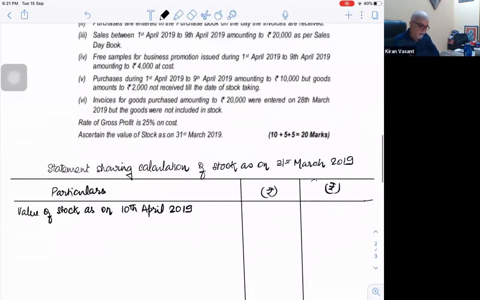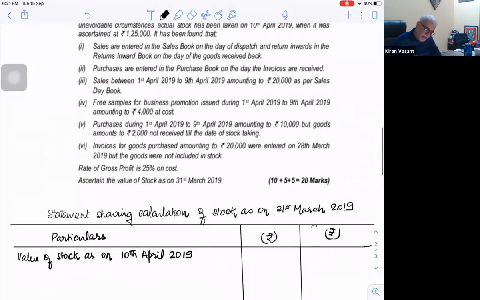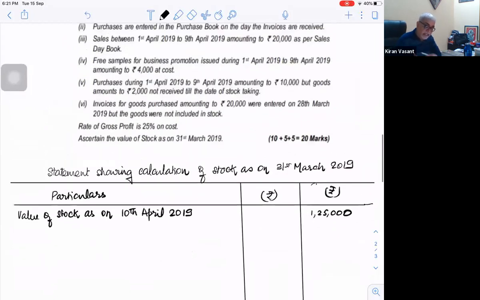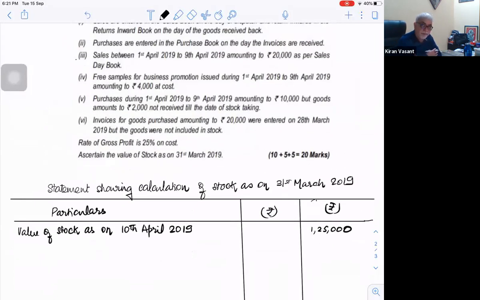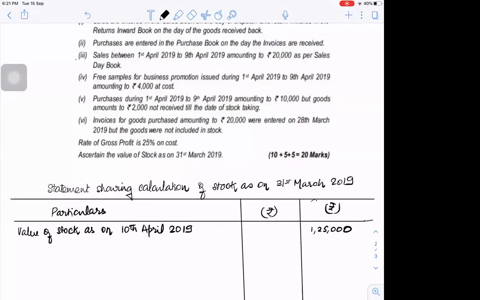The value of stock as on 10th April was 1,25,000. We start from point number 3. Point number 3 says the sales between 1st April and 9th April were 20,000. If this sale was not made, your stock would have increased. Isn't it?